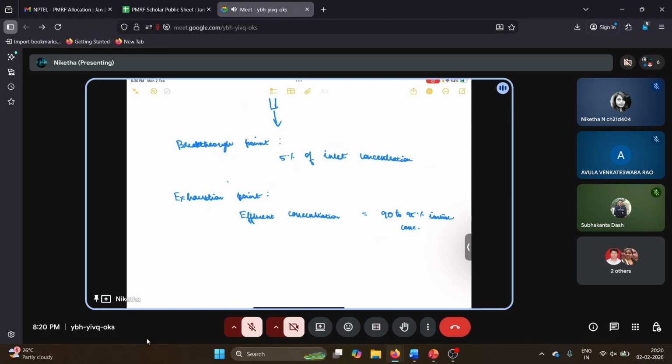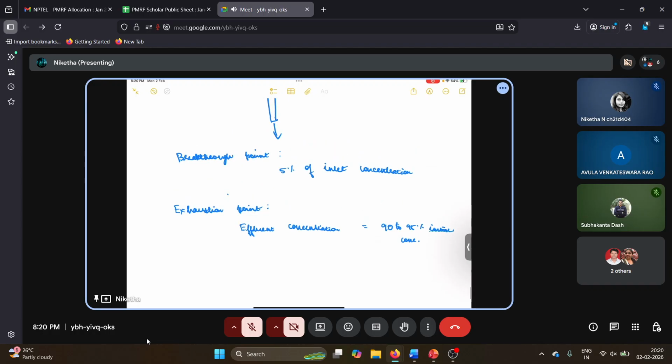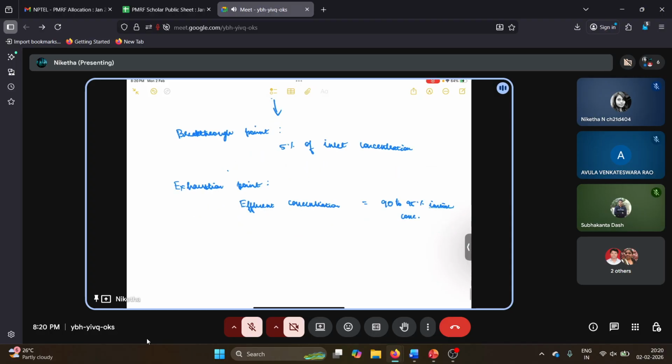What this means is that 90 to 95% of the adsorbate is not getting adsorbed. It is just coming out of the column. So at that point, we call it the exhaustion point. The column has reached its exhaustion. At breakthrough, it is slightly starting, but at exhaustion, it is assumed that the column is exhausted and needs to be regenerated.